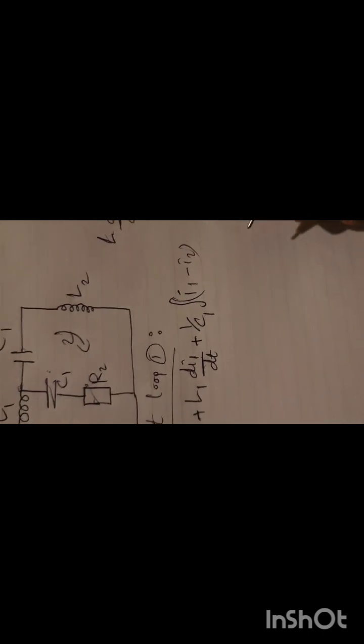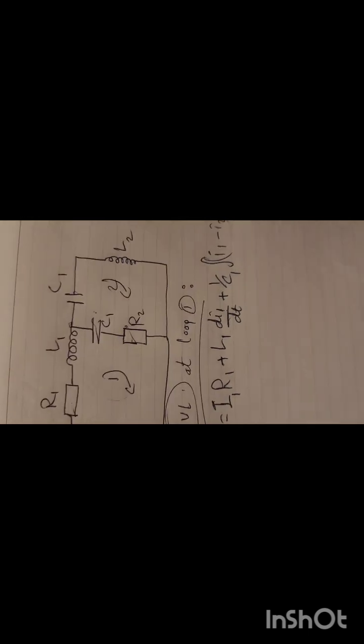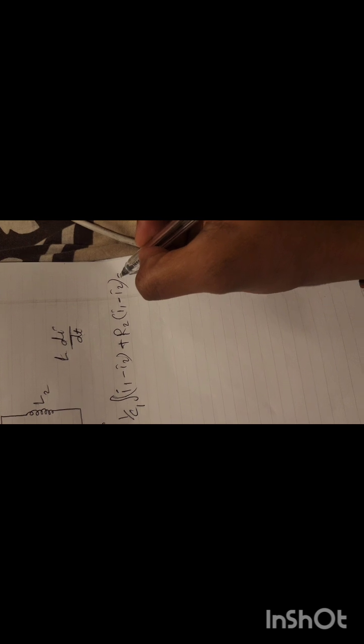So it's going to be I1 minus I2. And we have also the second resistor. So it's going to be R2 multiplied by I1 minus I2 according to mesh analysis laws. And this is for loop 1. We have this equation, and it's going to equal 0.